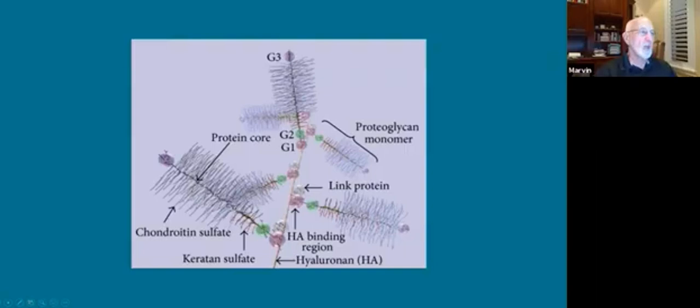Okay, I call this the bottle brush slide because it really gives you an illustration of what chondroitin sulfate is. The bone is hyaluronic acid. That center column is hyaluronic acid, and coming out from the side, little spicules with the chondroitin sulfate on them. It does look like a brush of a bottle. And you could see that the structure of this is there to relieve pressure.